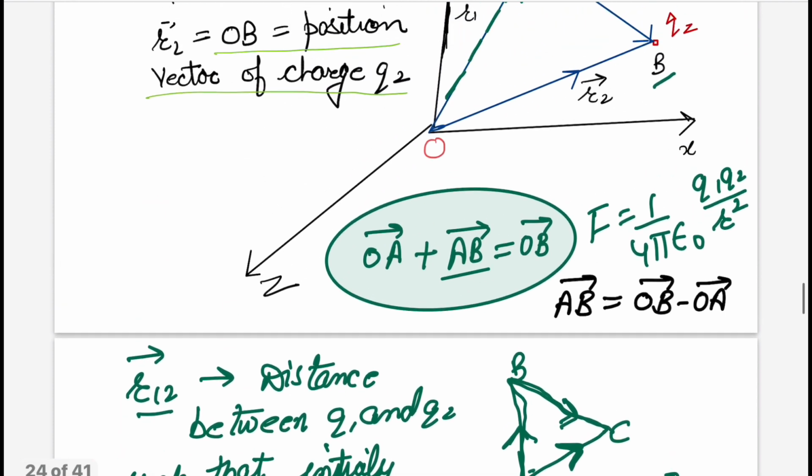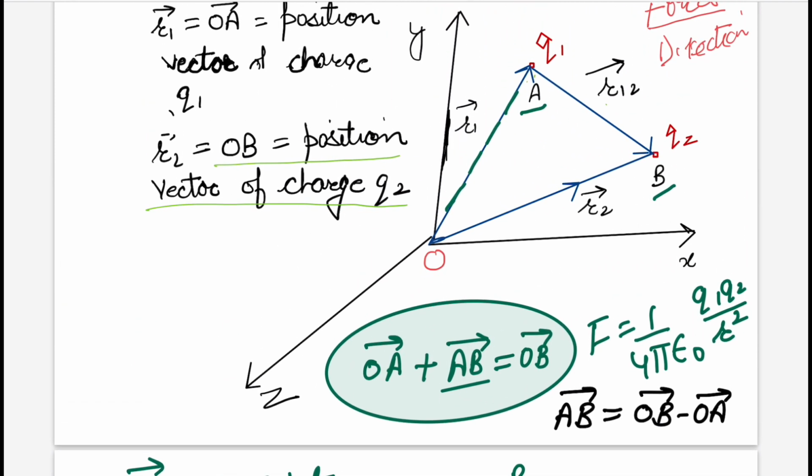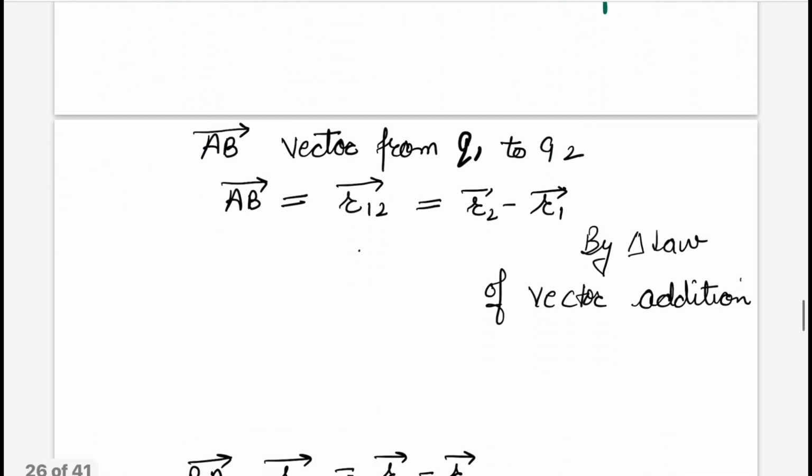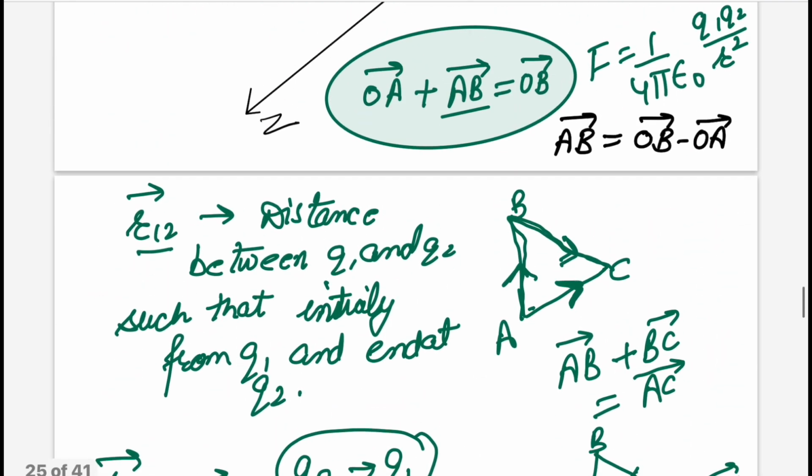It means that AB vector, which is R12 vector, is equal to OB vector, which is R2 vector, minus OA vector, which is R1 vector, right? So you can write R12 is equal to R2 vector minus R1 vector. We get this equation by using the triangular law of vector addition.